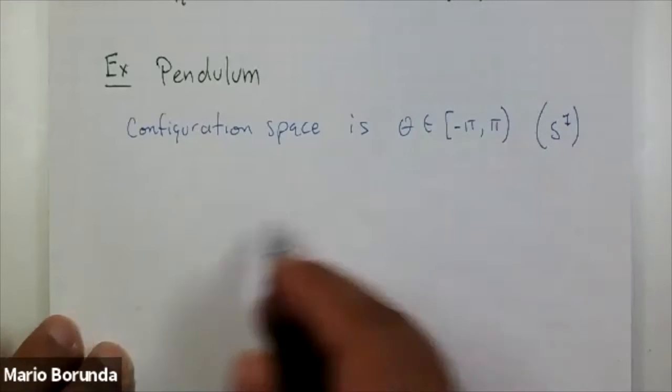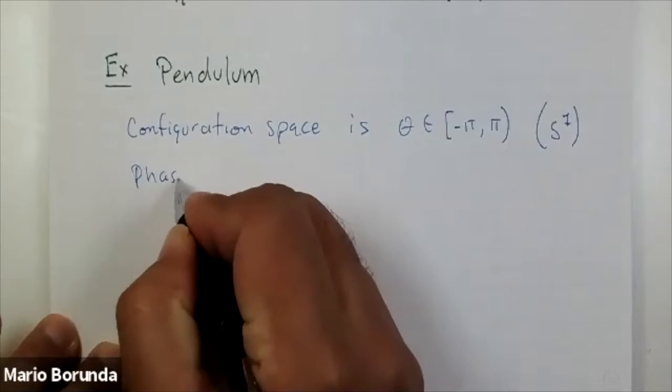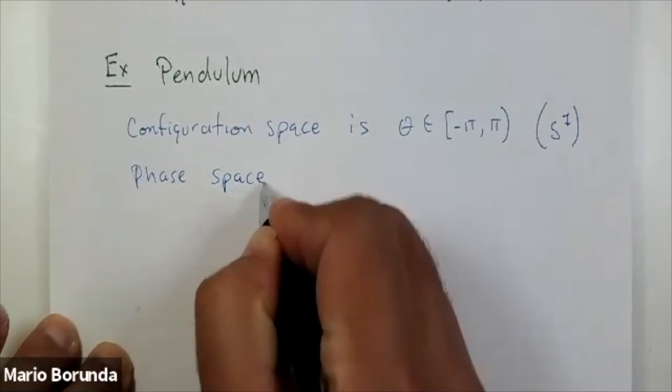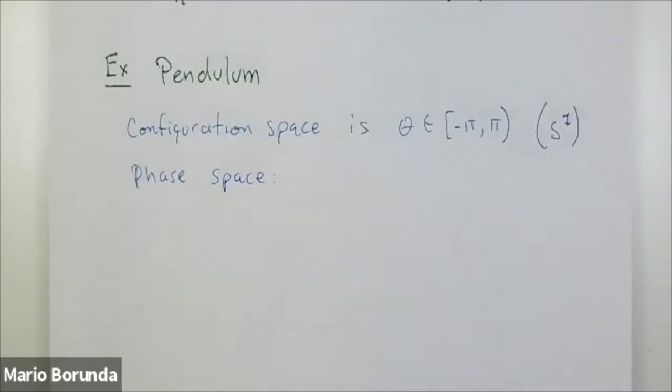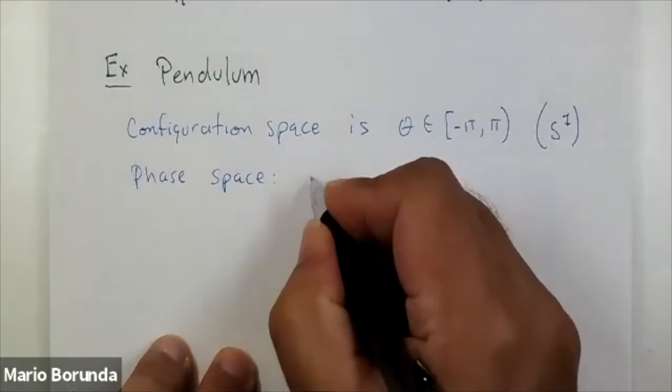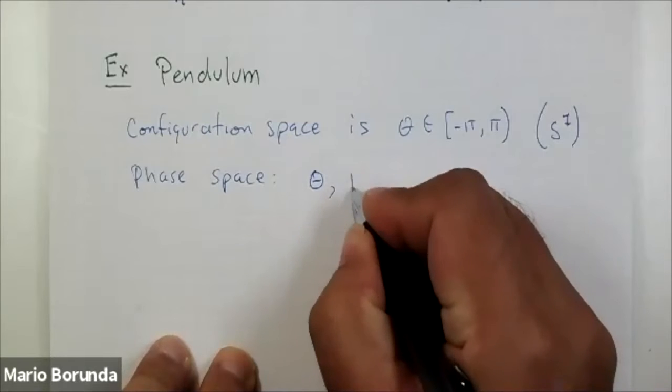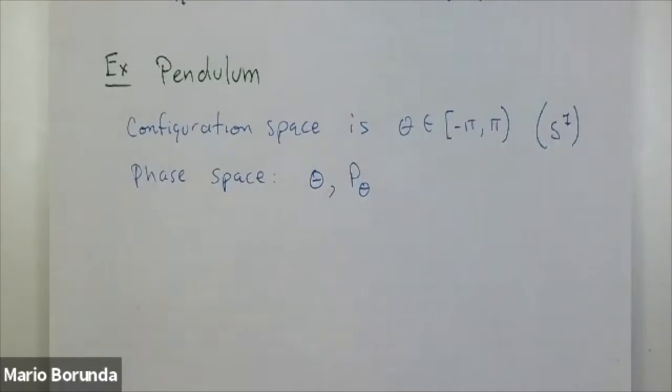So phase space, though, is not the same thing. Anybody know why? The momentum is not bound here. Because you have those two things, momentum and theta, right? In phase space, you would be working with theta and the momentum p_theta.